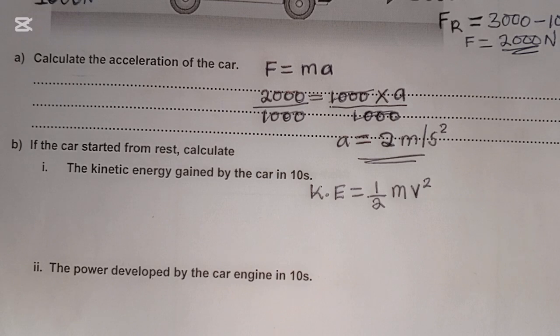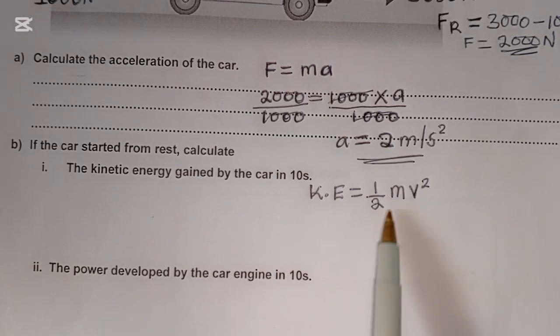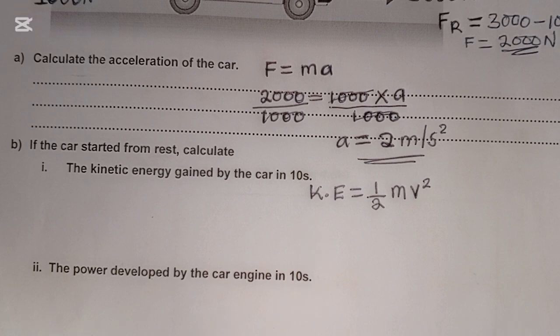So that is the formula for kinetic energy. Mass we have, it is 1000 kg. What about velocity? Velocity we don't have.